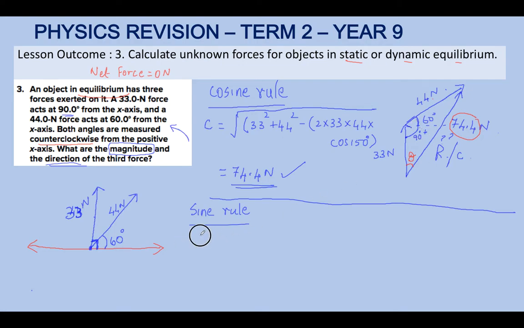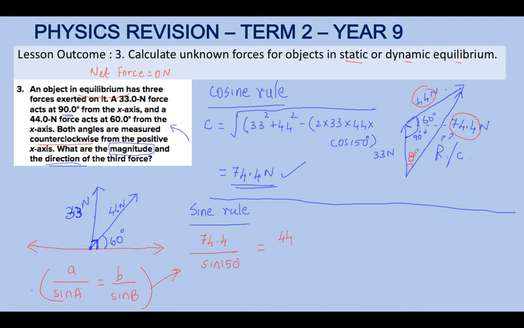So I start with the side. If you wish to have the formula for sine rule, it's A upon sine A equals B upon sine B. So we use this formula here. 74.4 upon sine 150 will be equal to 44. So that's the opposite side, right?